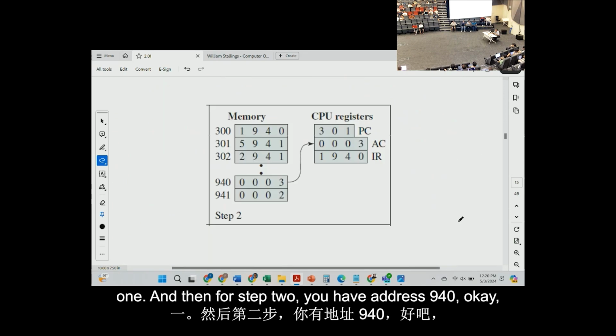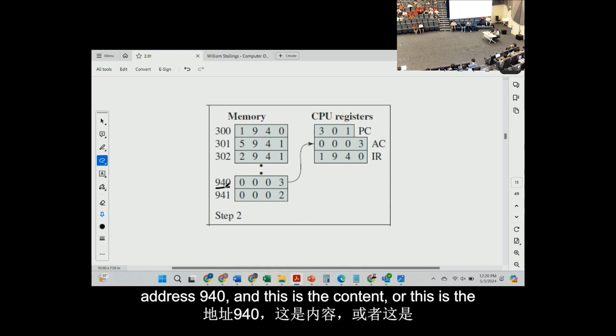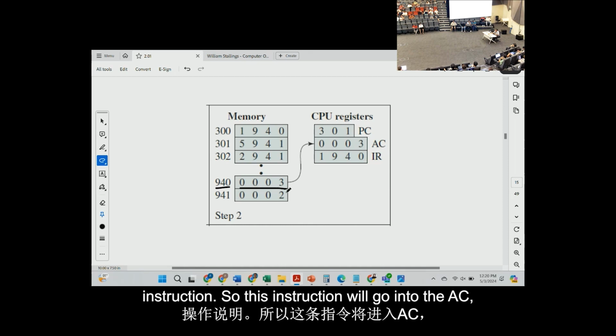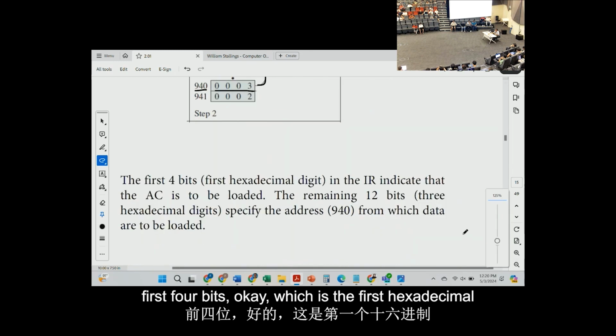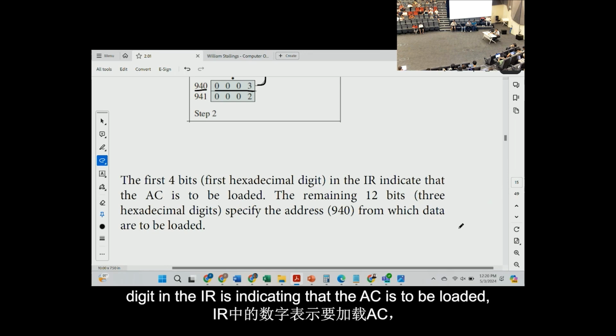And then for step 2, you have address 940, and this is the content, or this is the instruction. So this instruction will go into the AC. And then if you look at the explanation, the first 4 bits, which is the first hexadecimal digit in the IR, is indicating that the AC is to be loaded.